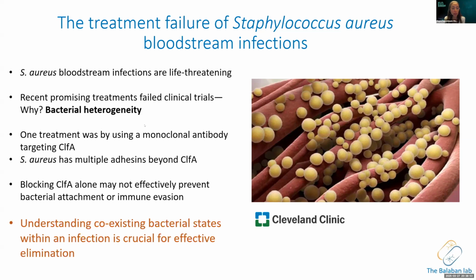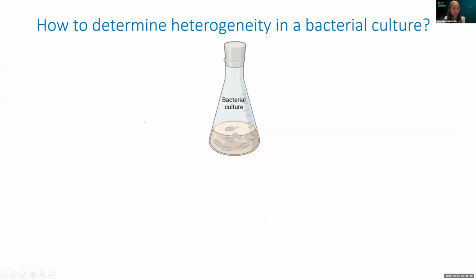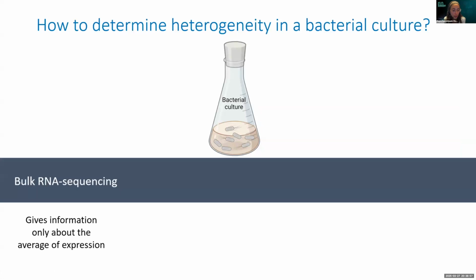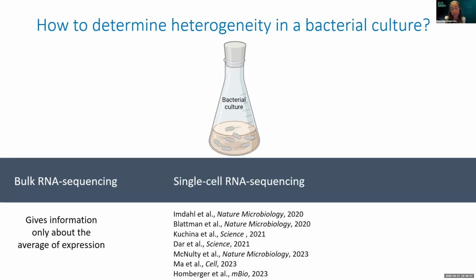But how can we detect heterogeneity in the bacterial culture? If we use bulk RNA sequencing on the culture, we simply get the average expression of the coexisting subpopulations. Recently, single-cell RNA sequencing techniques have been developed in bacteria.